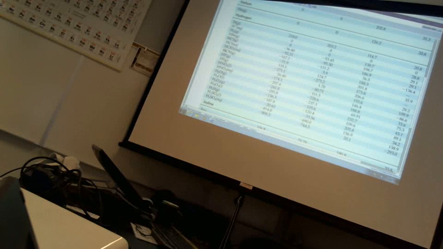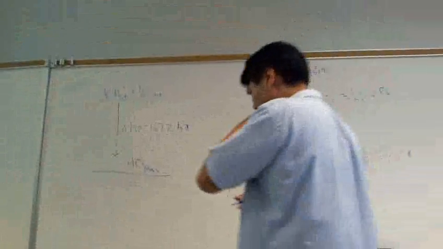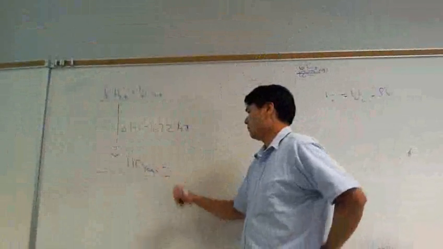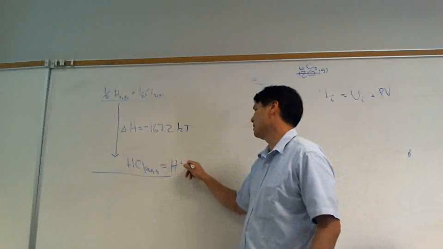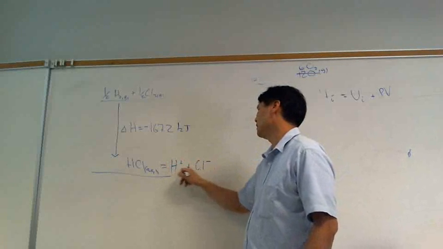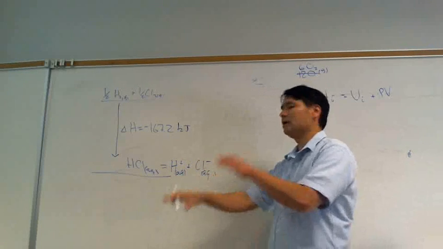Next, HCl is a strong electrolyte. So HCl doesn't occur as intact molecules, but instead it will ionize completely. When HCl ionizes, what does it ionize to? H plus and Cl minus. It being a strong electrolyte, these ions are going to be independent of one another.